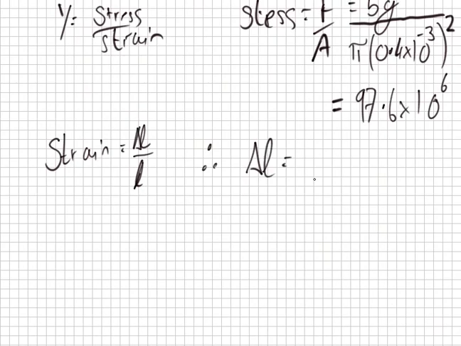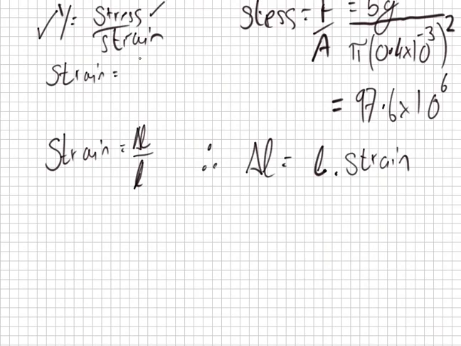That would equal the original length L multiplied by the strain. Now we know the original length. Could we know the strain? The answer is yes, because we know Young's modulus. We've just worked out the stress, so we can get the strain from this here.